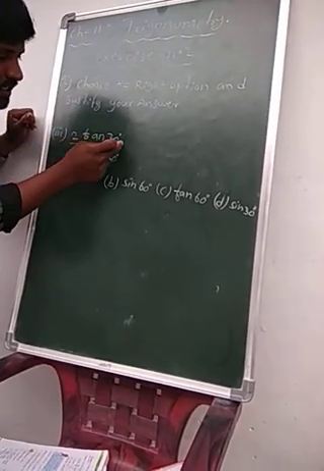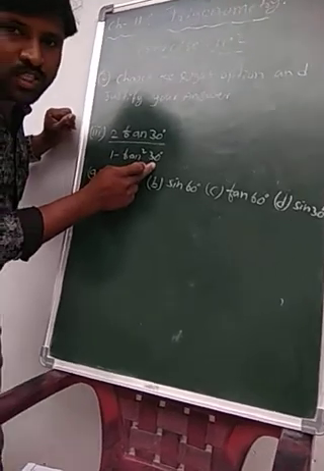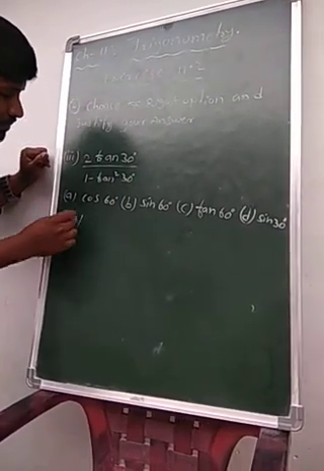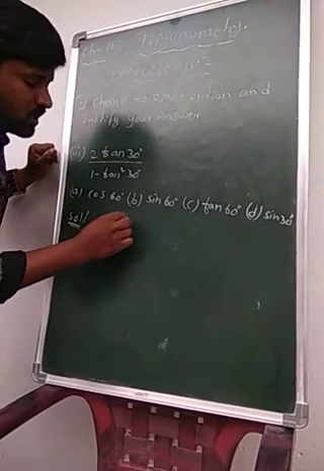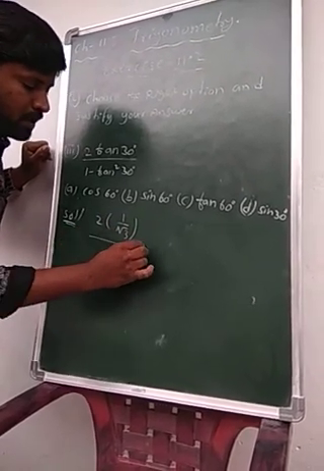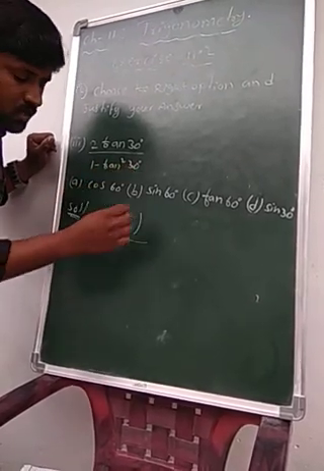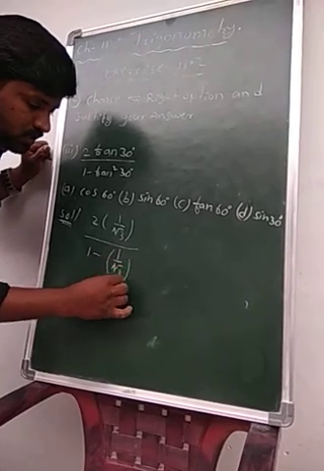2 tan 30 degrees by 1 minus tan square 30 degrees. Now I am going to justify the answer. 2 of tan 30 degrees means what? That is 1 by root 3, by 1 minus tan square 30 degrees means what? That is 1 by root 3 whole square.